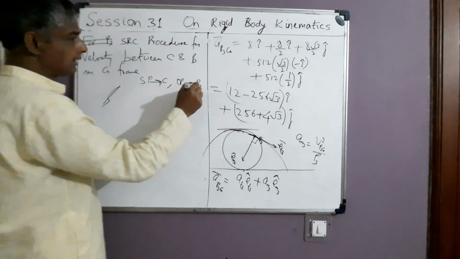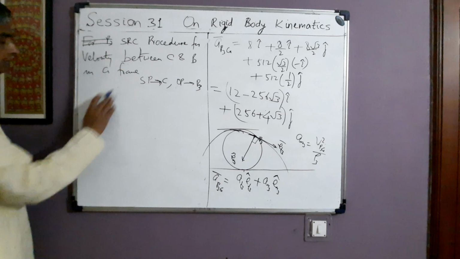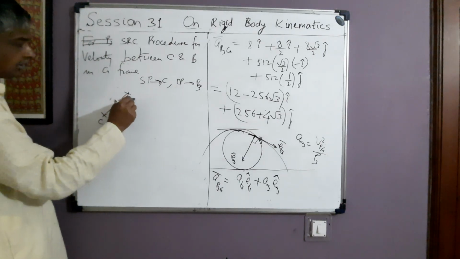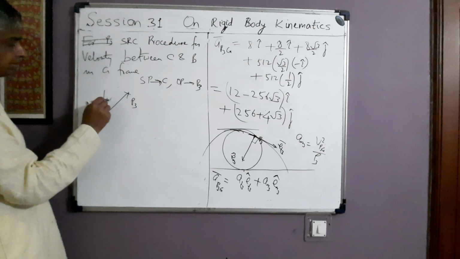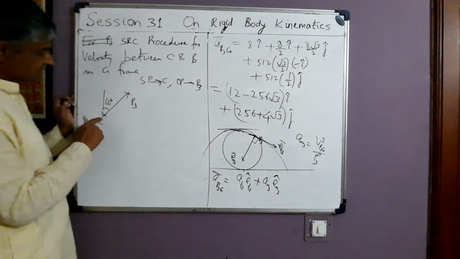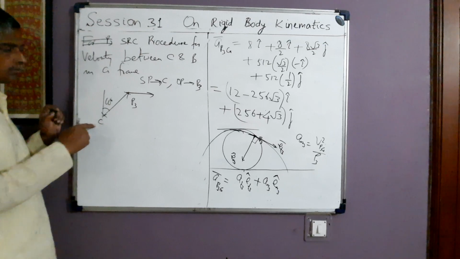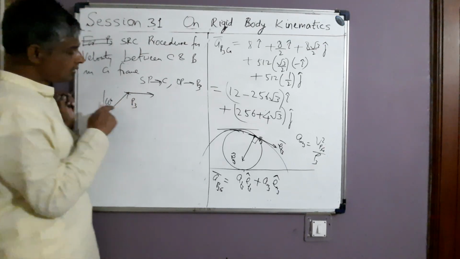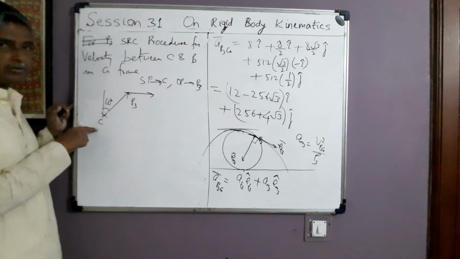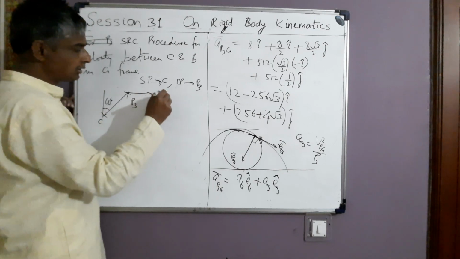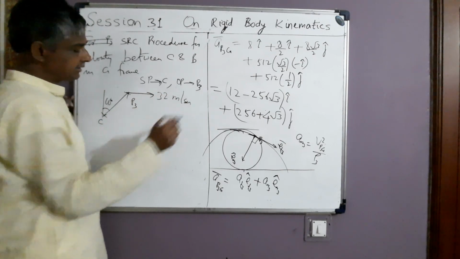I draw the line joining SP and OP. SP is C, OP is P3. This angle is 60 degree. I give the speed of selected point C to P3. Velocity of C is how much? V is R omega. Omega is 8, R is 2. R omega becomes 32 meter per second.